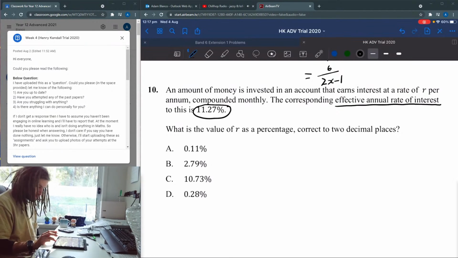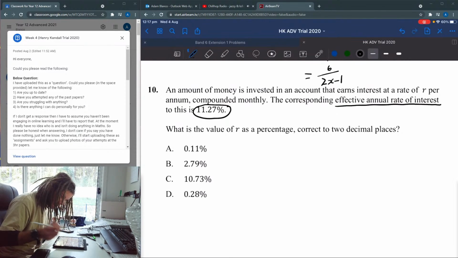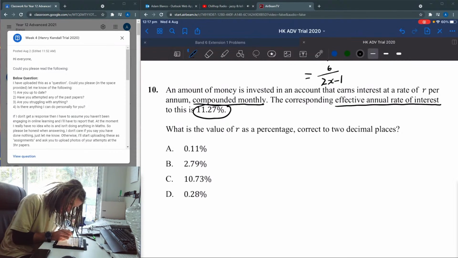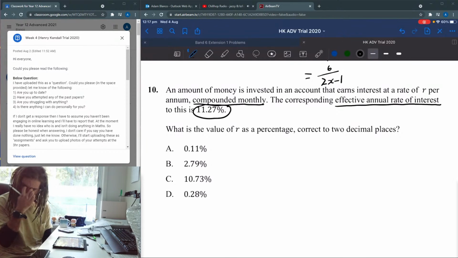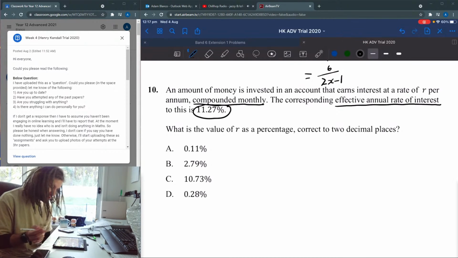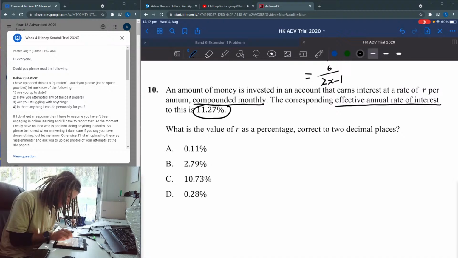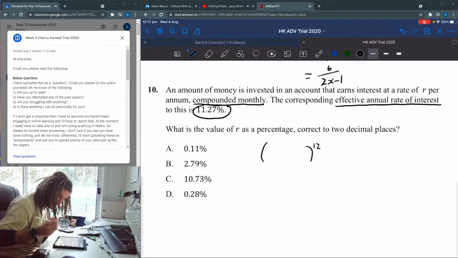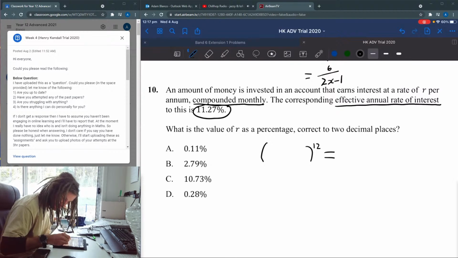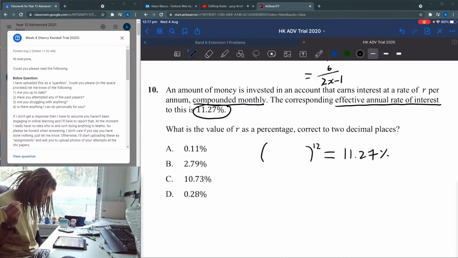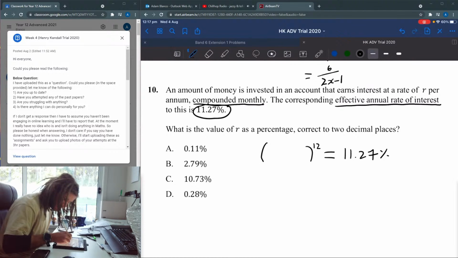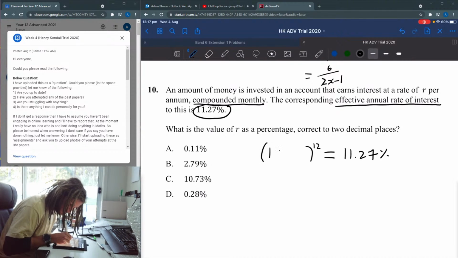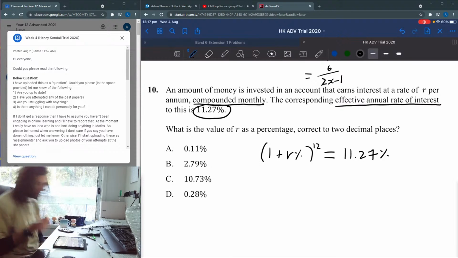Okay, it's told me that it's compounded monthly. When you're trying to do effective annual interest, you always compare it to a year. If it's compounded monthly, that tells me that the compound interest after 12 months, it's already told me what it is, 1.27%. I'm trying to find R, which is going to be 1 plus R%.